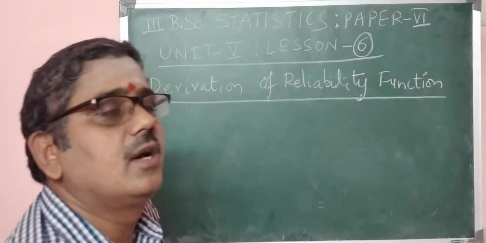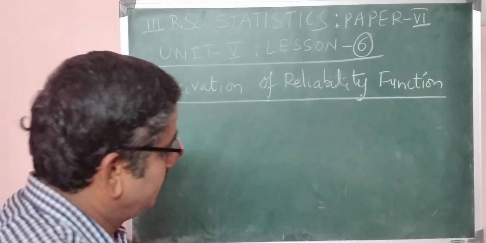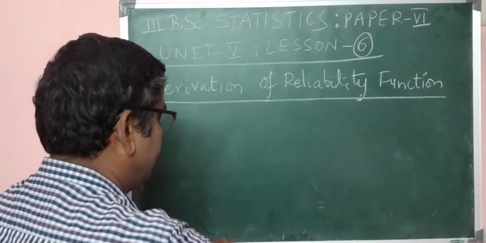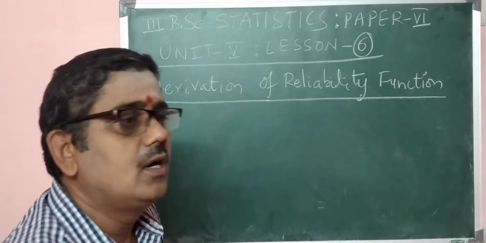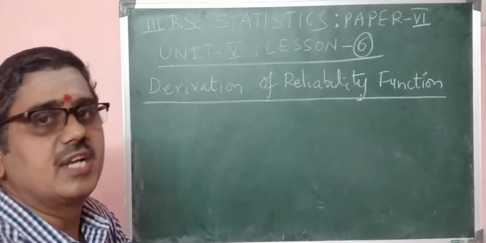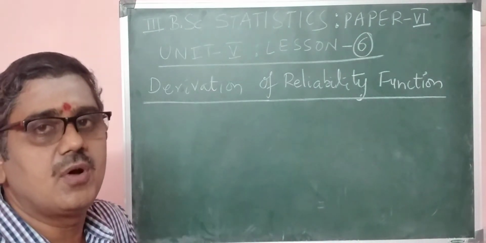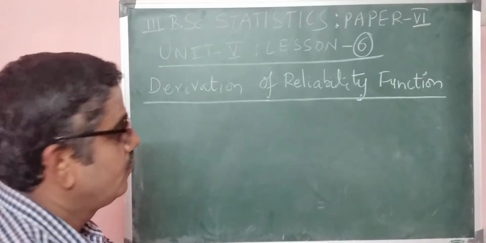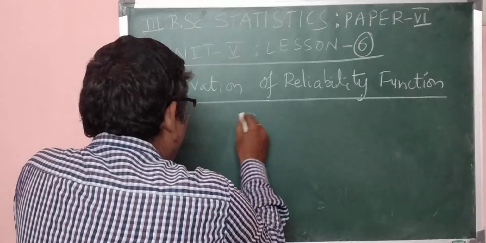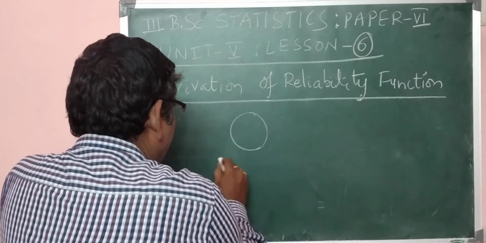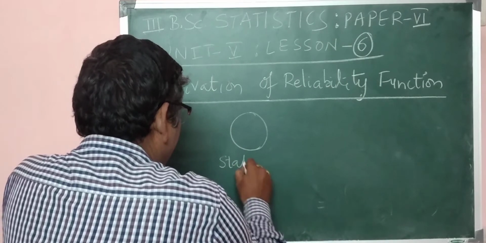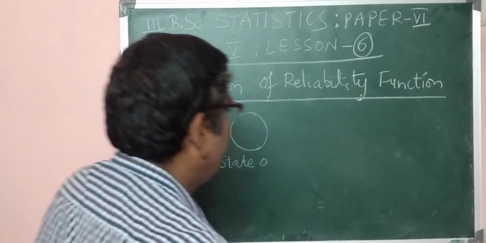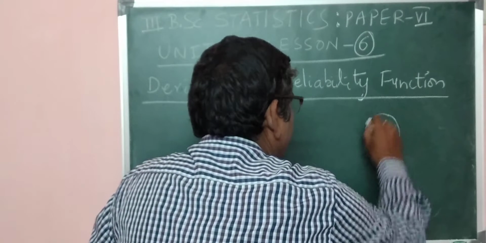To derive a reliability function, we have to consider two particular states, state 0 and state 1. I am considering in this fashion. Let it be this is state 0. Let it be this is state 1.